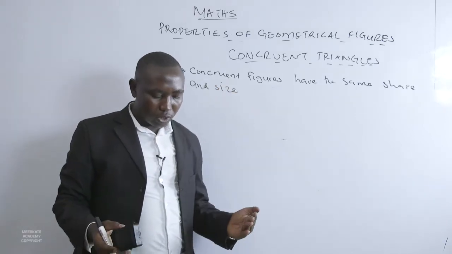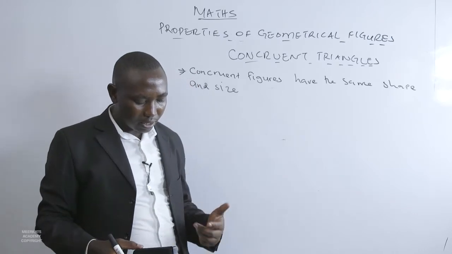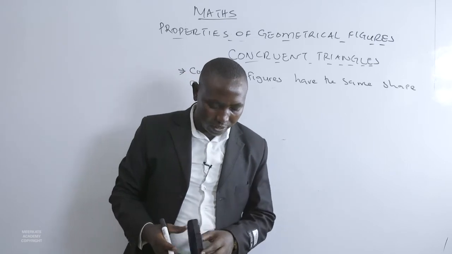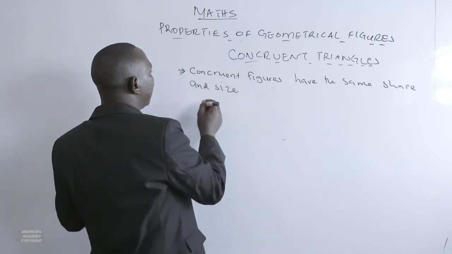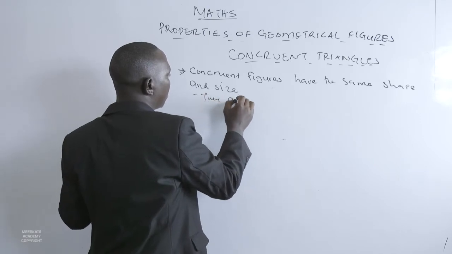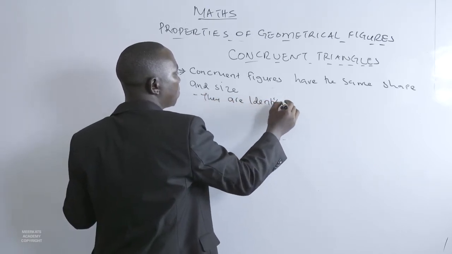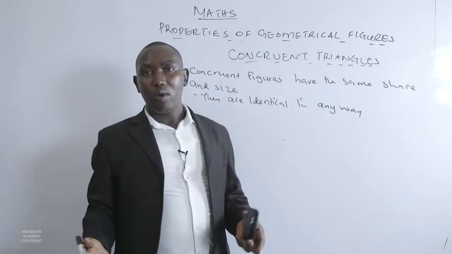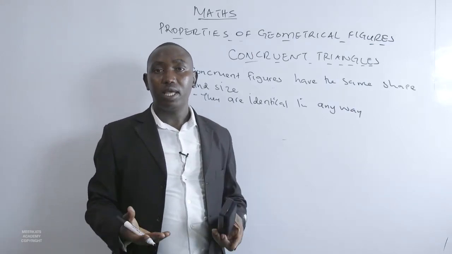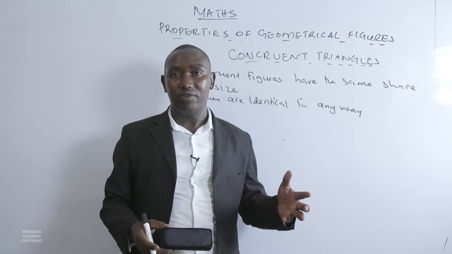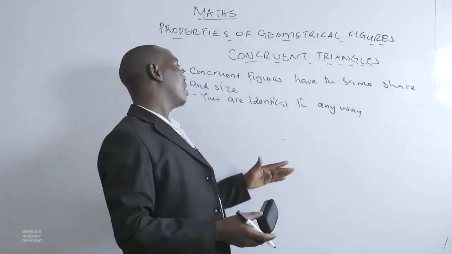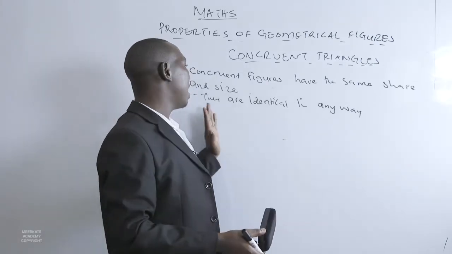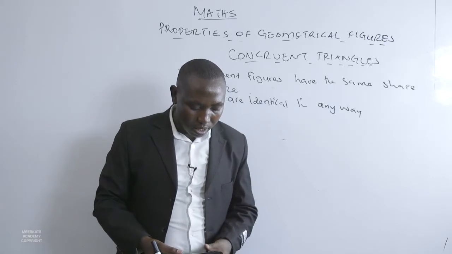So whenever two shapes have equal size and are of the same shape, they are referred to as congruent figures. That is, they are identical in any way. Whichever way you choose to refer to them, whether in terms of the size or in terms of the angles, if they are congruent, they are going to be identical.